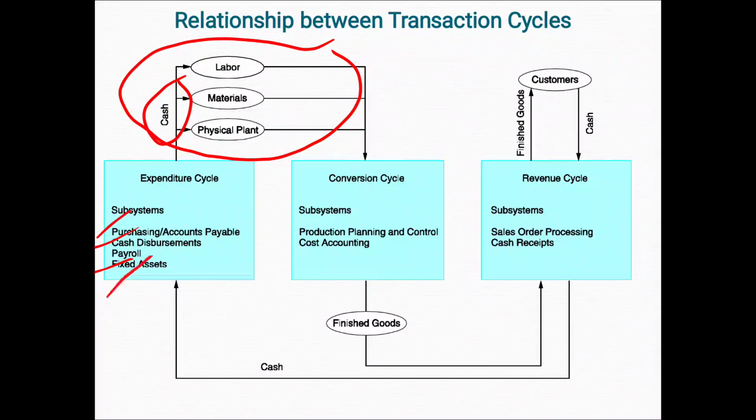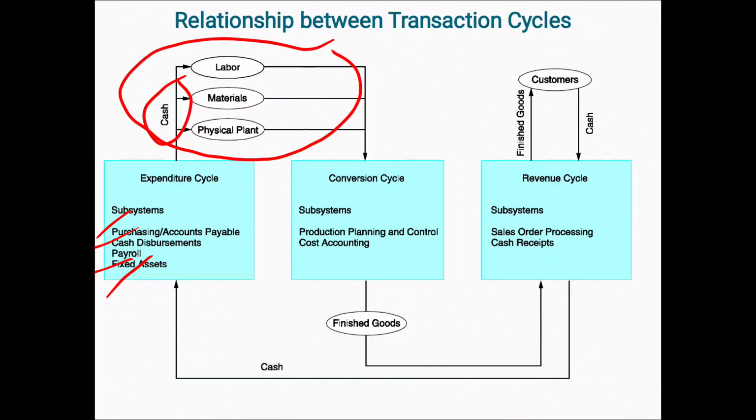Then, how about this last part, this fixed asset system natin? So, yung organization's fixed asset system, guys, it processes transactions pertaining to the acquisition, maintenance, and disposal of its fixed assets. So, these are relatively permanent items that collectively often represent the organization's largest financial investment.